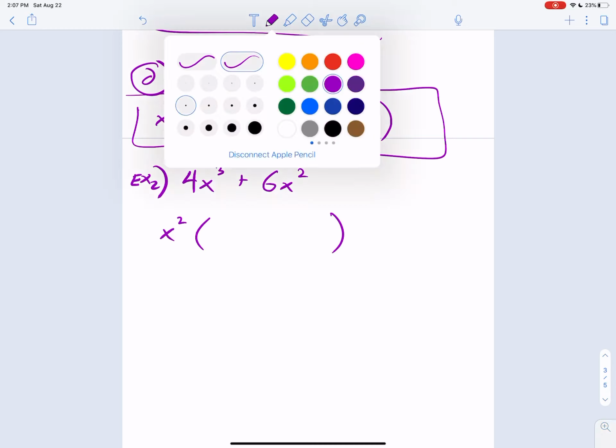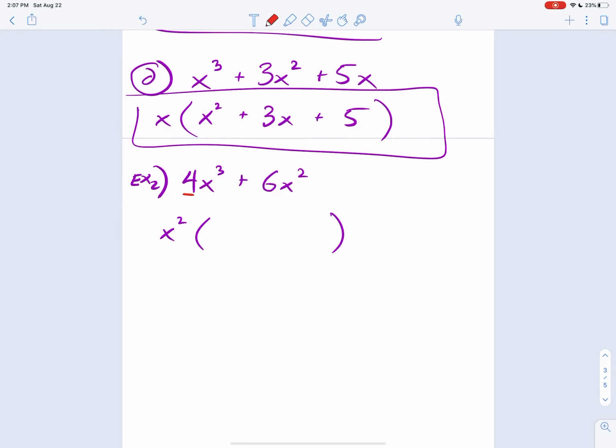Okay? But if you take a look at the 4 and the 6, 4 and the 6 can be broken into factors, meaning that there is something that we could possibly have in common too. Is there something that goes into 4 that also goes into 6? Okay? And I'll write it out here, but eventually you shouldn't have to write it out. Some of you that have a tough time with multiplication, it's okay.